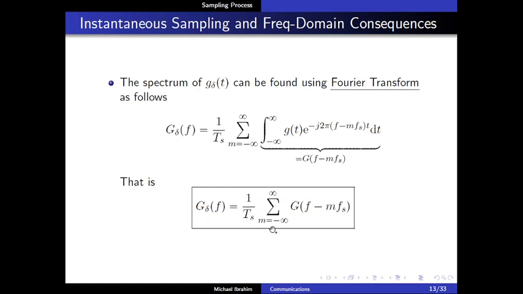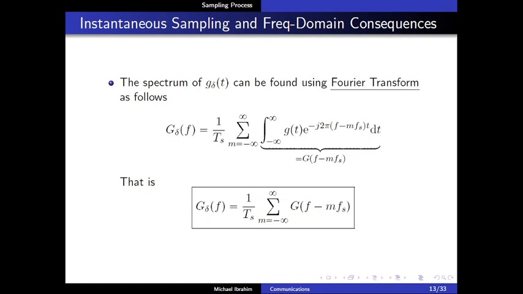Let's put m equals 0. If m equals 0, we get capital G of f, which is the spectrum of the original continuous time signal. What if we put m equals 1? You will get G of f minus fs, which is the spectrum of the original analog signal shifted in the frequency domain by fs.